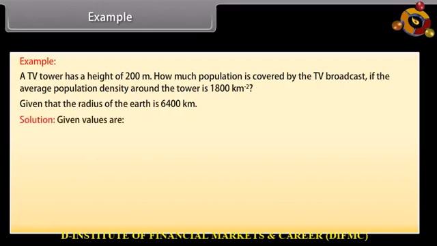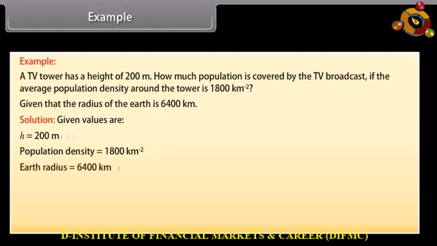Let's see the solution. Given values are H is equal to 200 meter, population density is equal to 1,800 per kilometer square, Earth radius is equal to 6,400 kilometer.